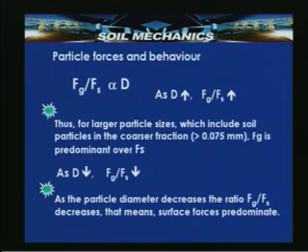With a decrease in the particle size, the ratio of Fg by Fs decreases. So, with an increase in particle size, gravity forces are predominant over surface forces. With a decrease in particle size, surface forces are predominant over gravity forces. That is an important concept we should keep in mind before looking into the particle arrangement of the soil particles.